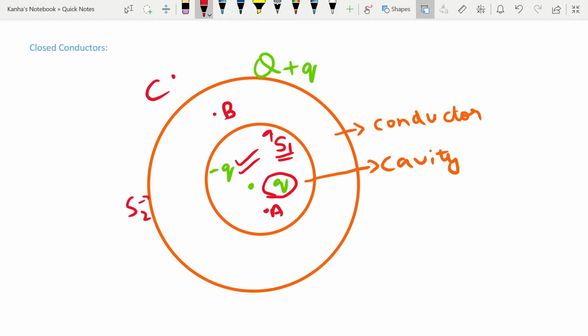So the resultant field due to these charges at B and C is 0.